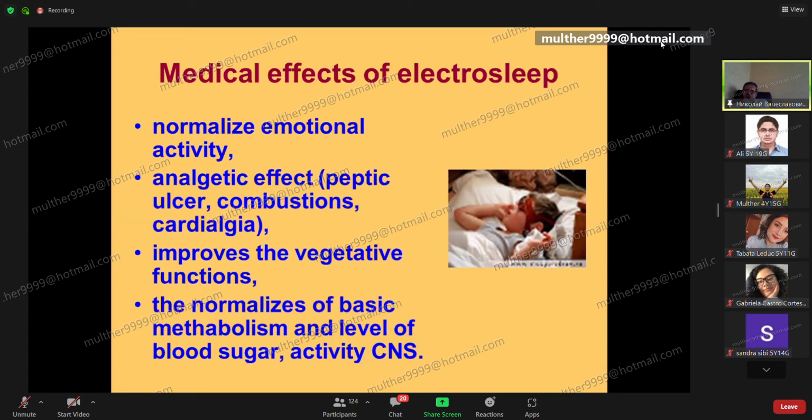Vegetative functions we can also improve by electrosleep therapy, for patients with migraine, for example, for women with migraine. This procedure also normalizes basic metabolism, the level of blood glucose, and the activity of the central nervous system.